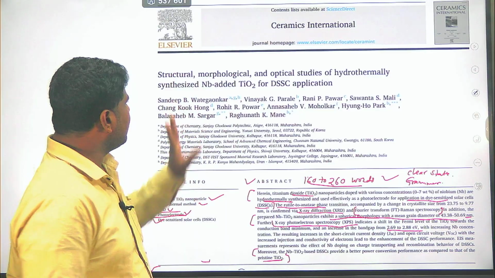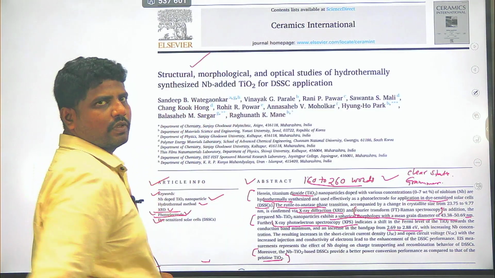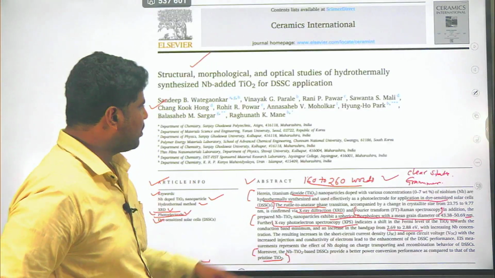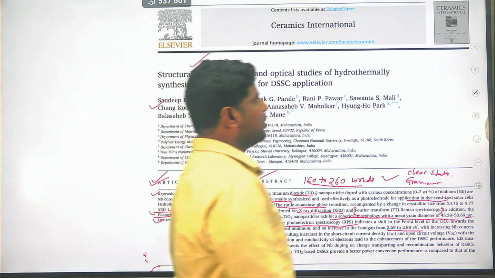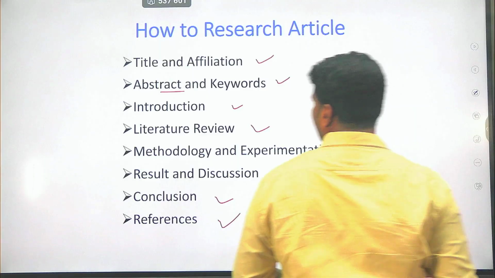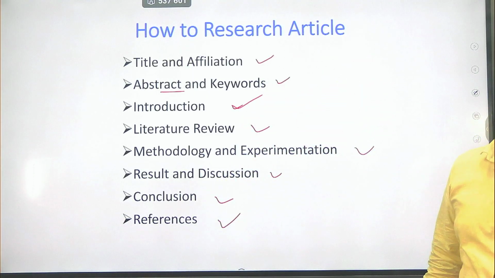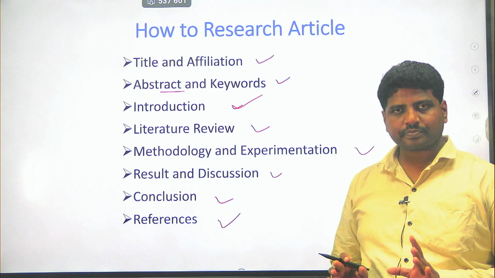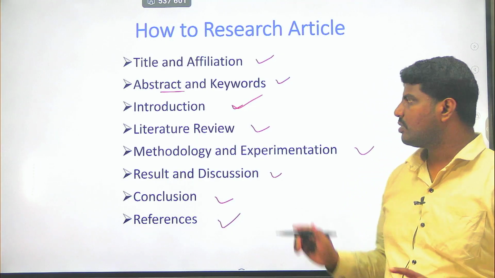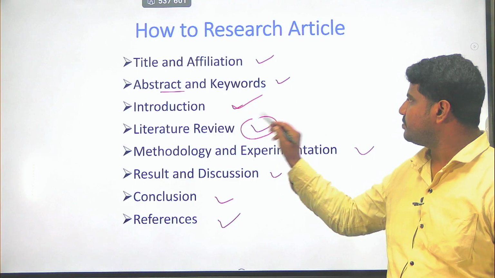So we should also catch the repeated words and write them inside the keywords, because it will help to search our research article easily. If a researcher wants to know about our research, they can easily search our paper and cite our paper on Google Scholar.